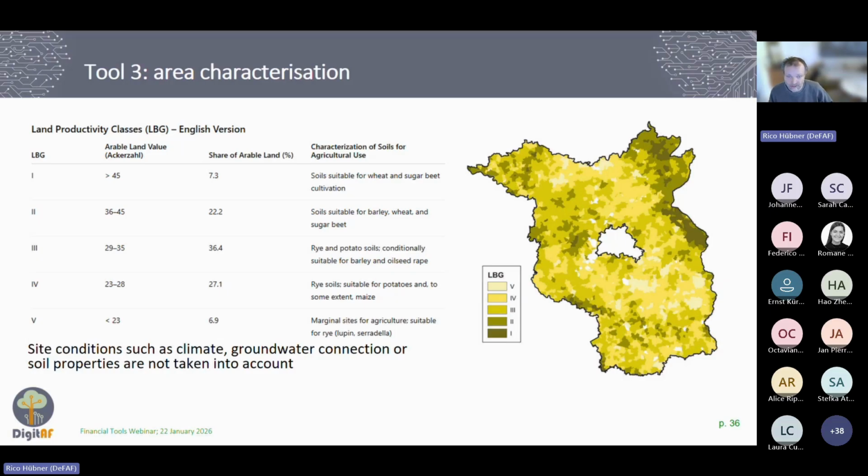Whereas below 23 points, that's considered the marginal site, where you often grow very extensive cultures like rye or lupine or serradella. So you need to know that for the area. Here is a map of Brandenburg, which is our living lab area in the DigitAF project. And you can already see how heterogeneous the productivity levels are distributed. And this is an important input.